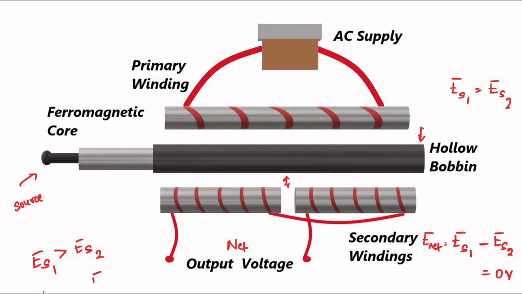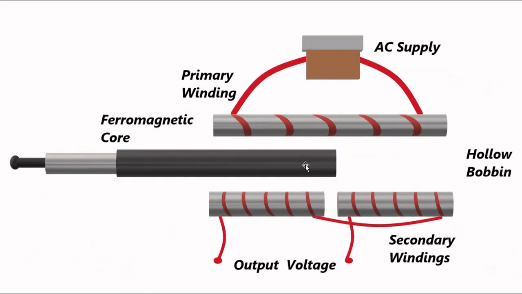And when ES2 is greater than ES1, that is, the second secondary winding output is greater than the first secondary winding output, it will be equal in magnitude but opposite in sign, because ES1 comes first, then ES2. Throughout the transition from one way to another, the magnitude will be the same, but only the sign will be opposite. So this is the null position, exactly in the center.